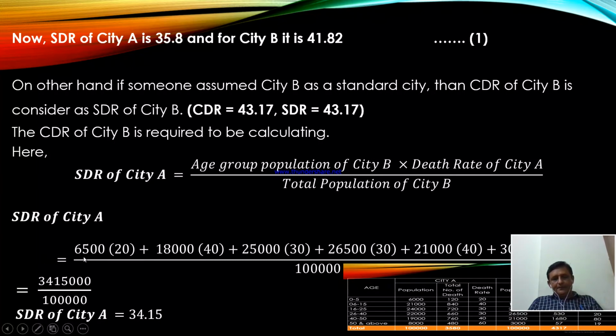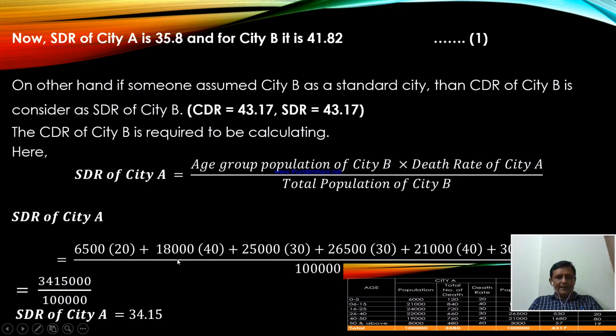Let's see. The population of city B I have taken. The population for city B for the first age group is 6,500, whereas the death rate for the first age group in city A is 20. Here it is, right? Similarly, the second age group is 18,000 of population, whereas the death rate for city A is 40.